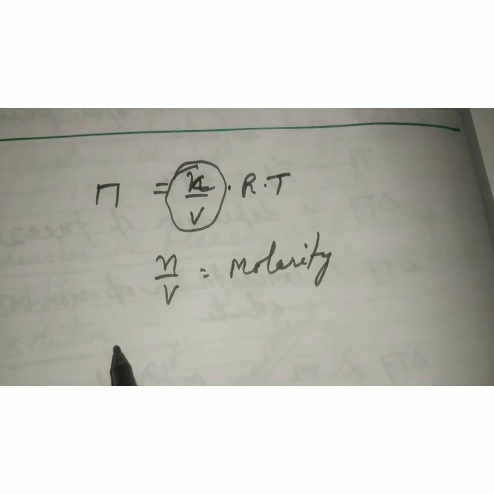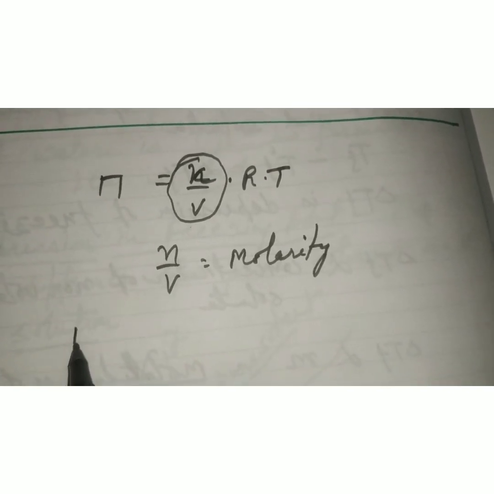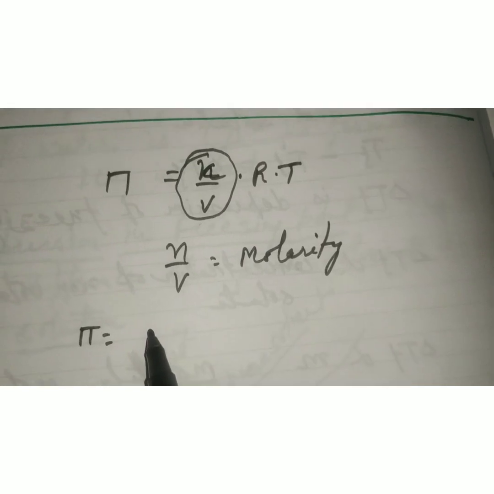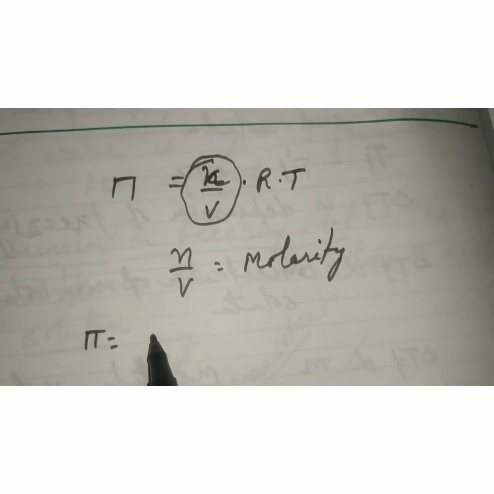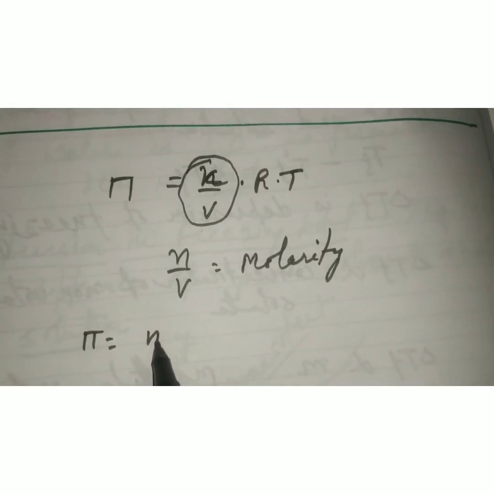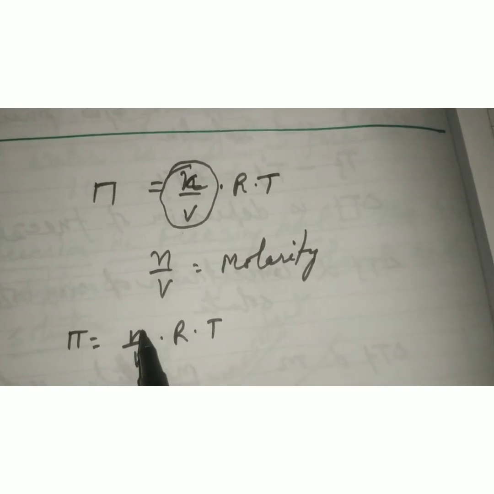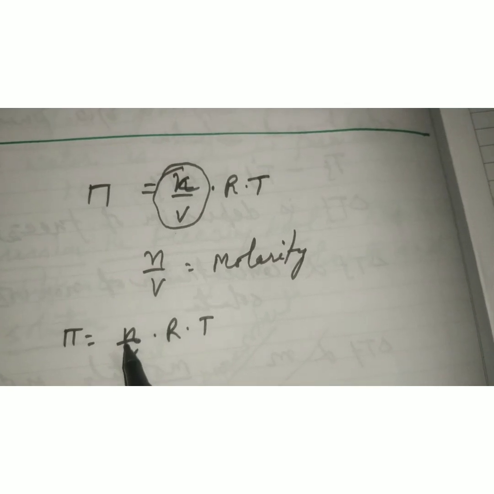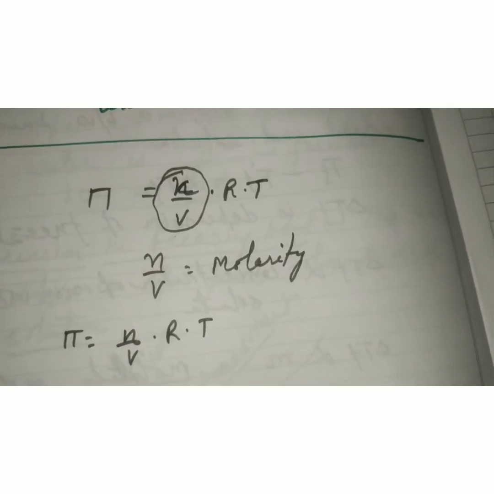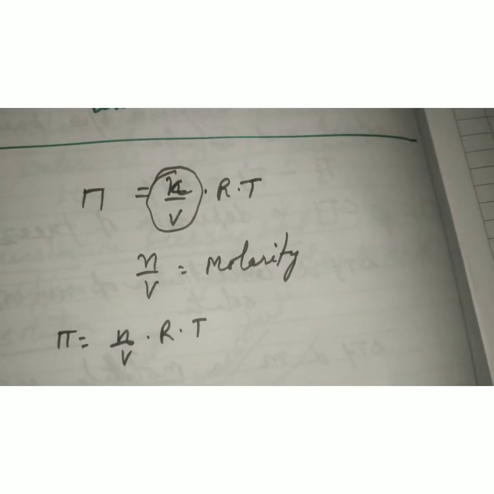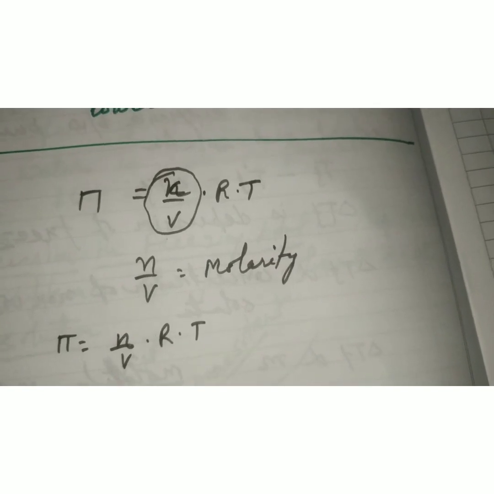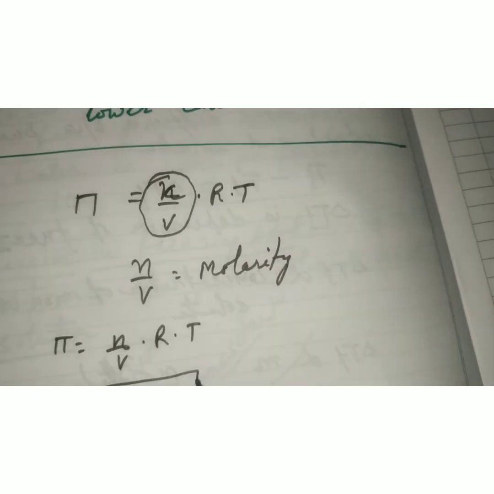Okay, so we get pi is equal to N divided by V into R into T. So N is number of moles, V is volume of solution in liters. This is concentration, so this is CRT. This is the osmotic pressure.